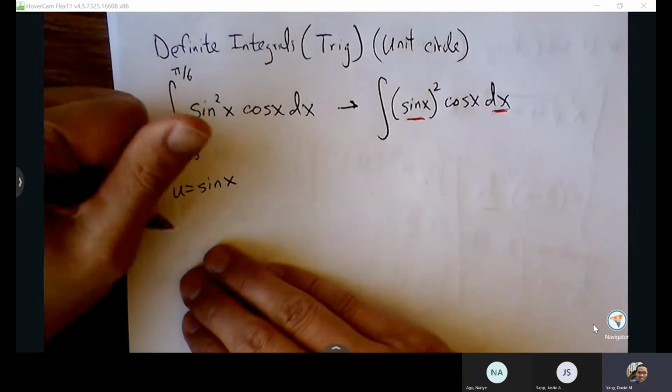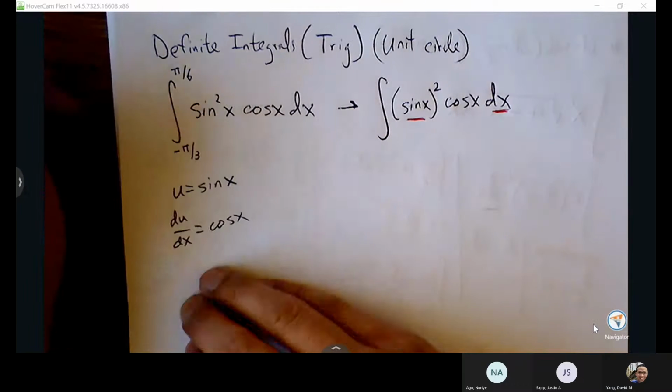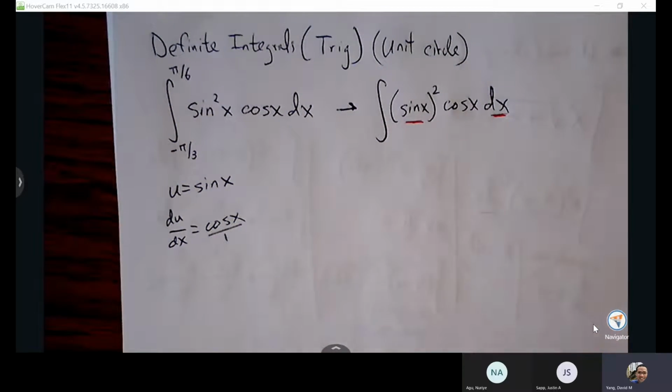Okay, what's the derivative? Okay, put that over 1 if you like. Cross multiply.